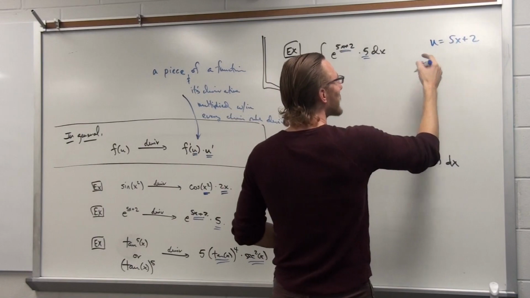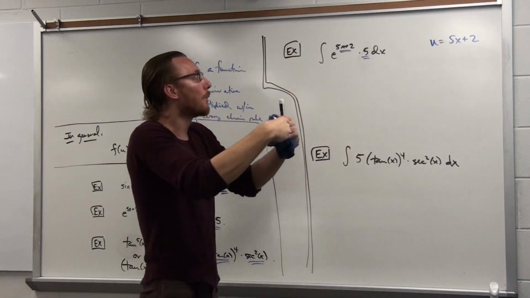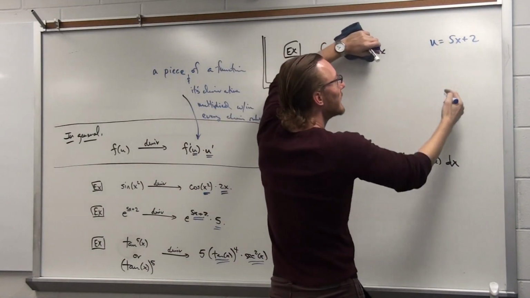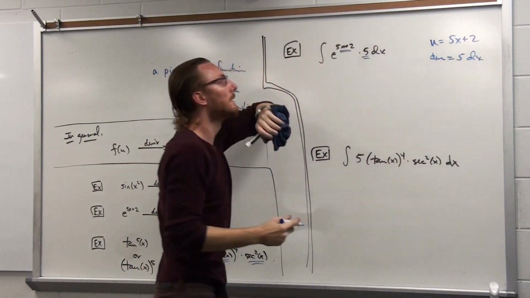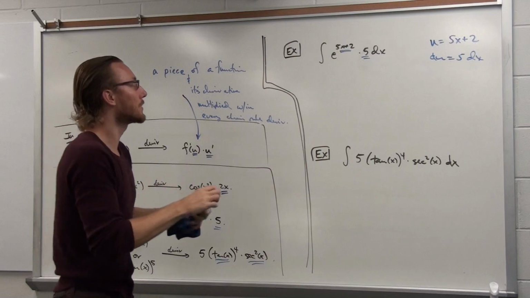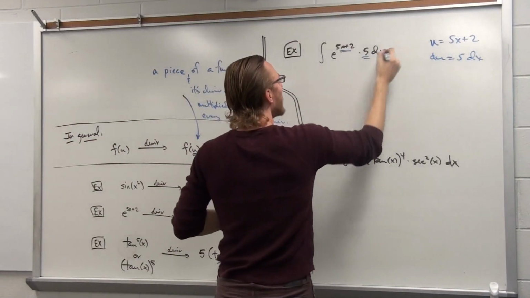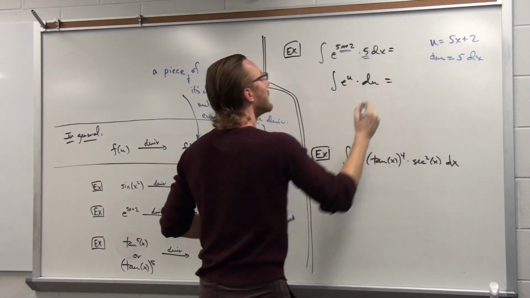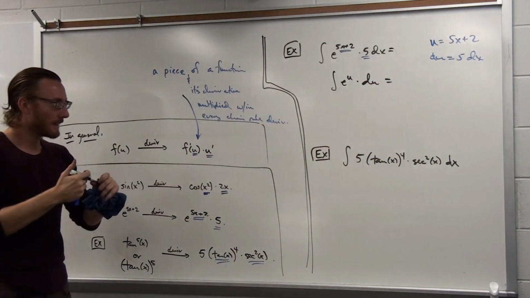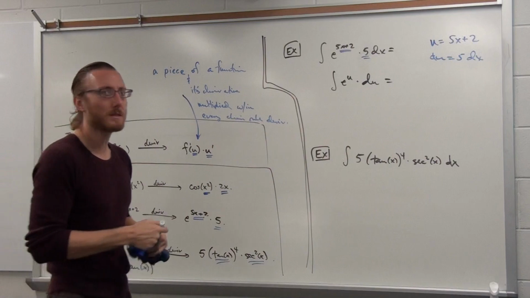Apply the differential to both sides. Once we've set the u, what du is falls from here. Du is 5 dx. And hey, make the substitution. Substitute in, you're going to get e to the u times du. What's the integral of e to the u du?